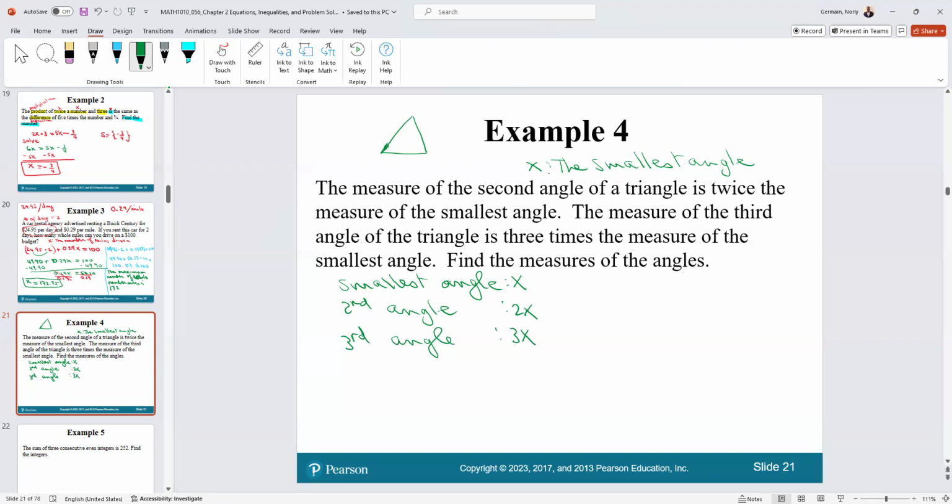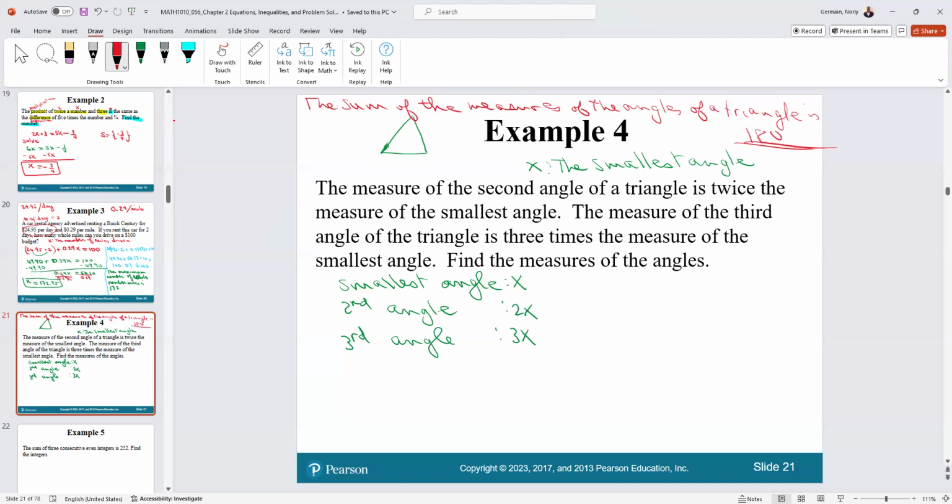Now, what you need to remember is that in a triangle, the sum of the measures of the angles of a triangle is 180.